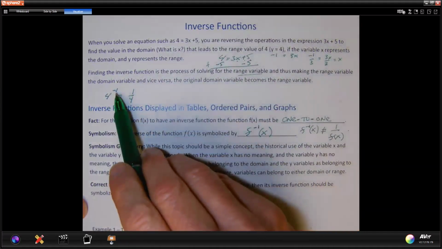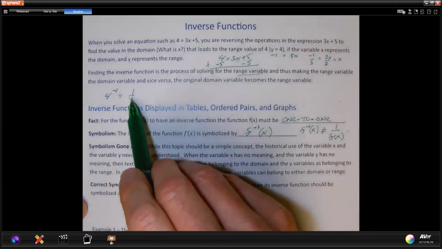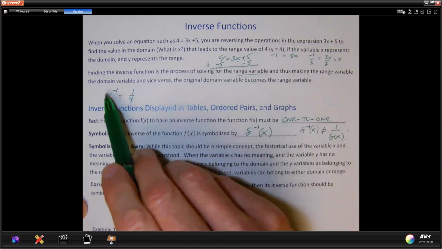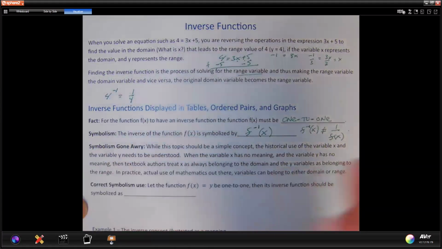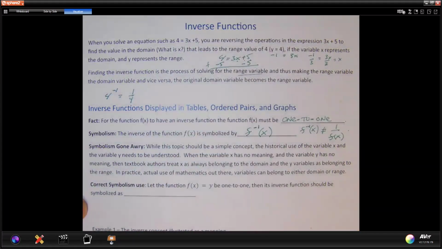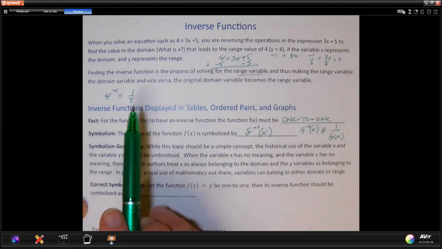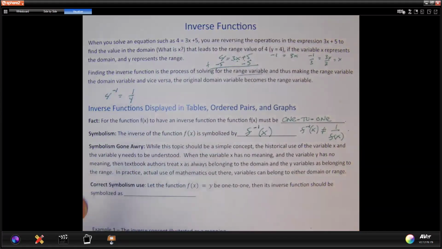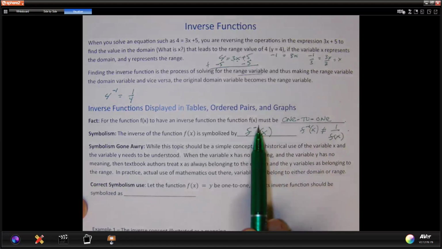Because this turns out to be a symbol for inverse, but this is called the multiplicative inverse. Okay, and we'll see later what this means. Because again, I like to go back whenever I can and use arithmetic principles, and also tie it to the algebraic ones. But again, this symbol does not mean this, but it does mean inverse.